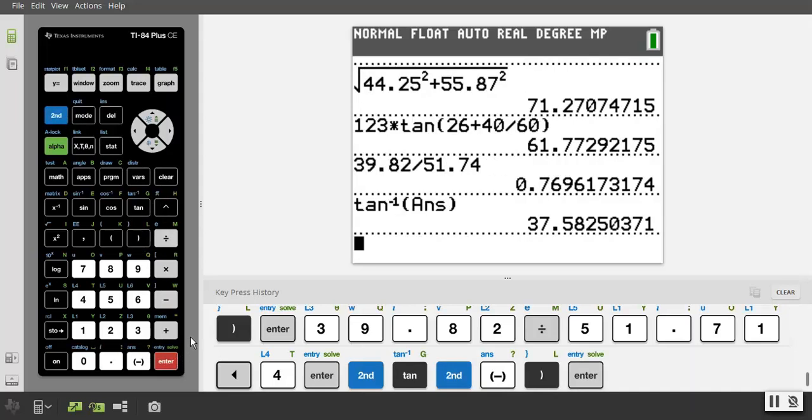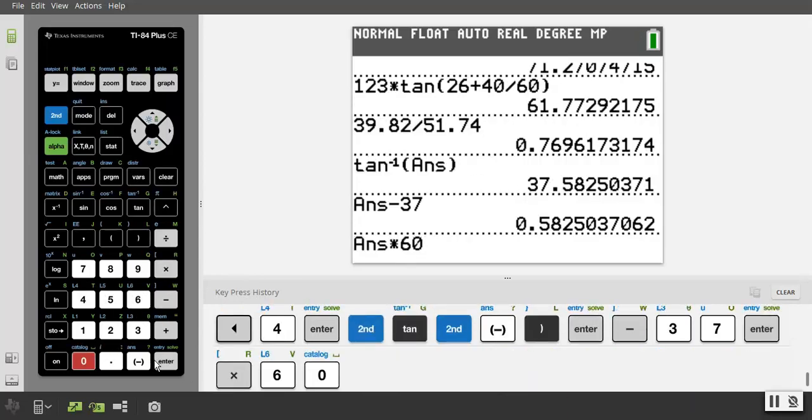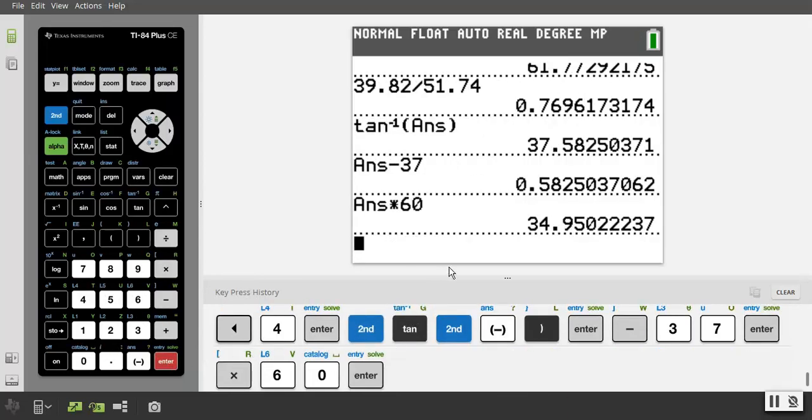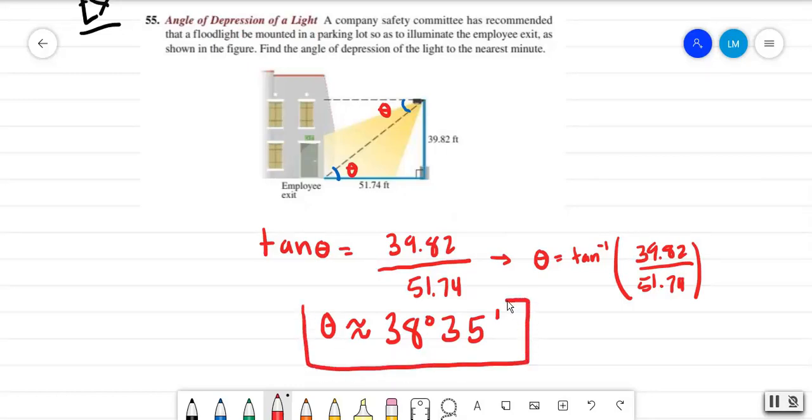So that's going to be 37.58, but that's not what they wanted. I'm going to multiply this by 60 so that we can get the nearest minute. So it looks like it's 35 minutes. So that's going to be 38 degrees and 35 minutes. And then that's it. So the angle of depression is 38 degrees and 35 minutes.